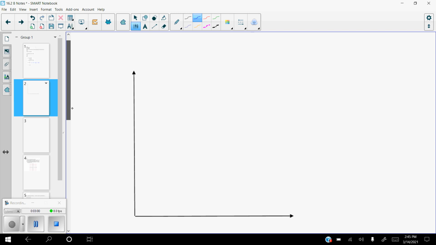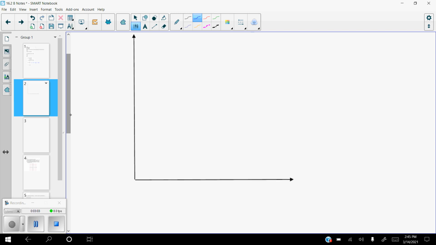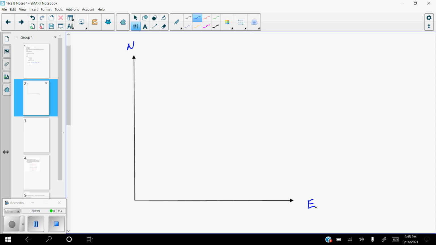So let's go ahead and take a look. What we're going to create here, on basically the first quadrant of an XY plane, is kind of a map. So this will be north, that'll be east. We've got some kind of a vector field that's going to be created basically like wind velocity. So we'll say that f of x, y is going to be the vector field which creates the wind velocity.